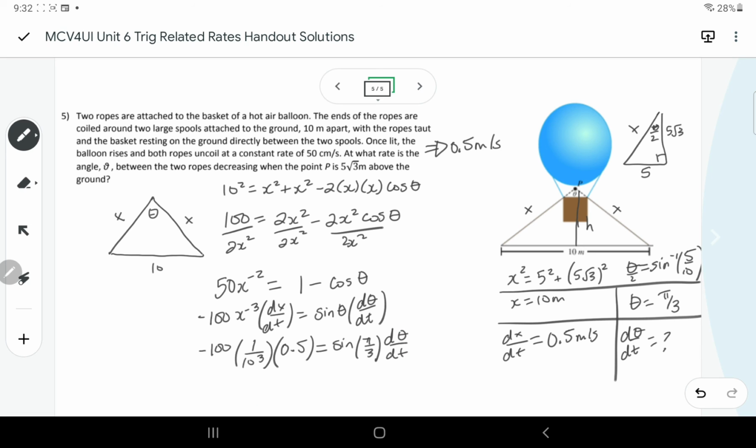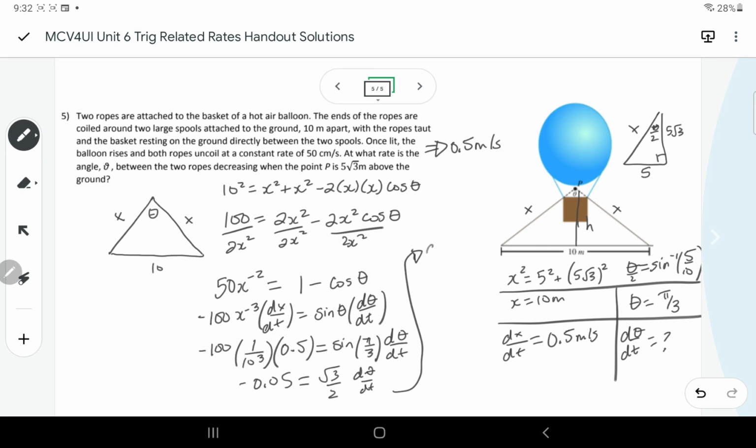So if I multiply all of this stuff on the left, I get negative 0.05. Sine of pi over 3 is root 3 over 2 d theta dt.